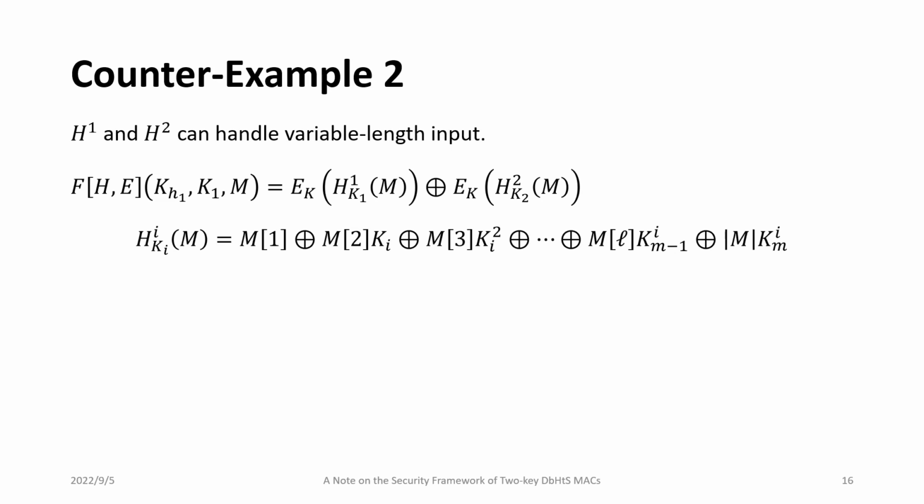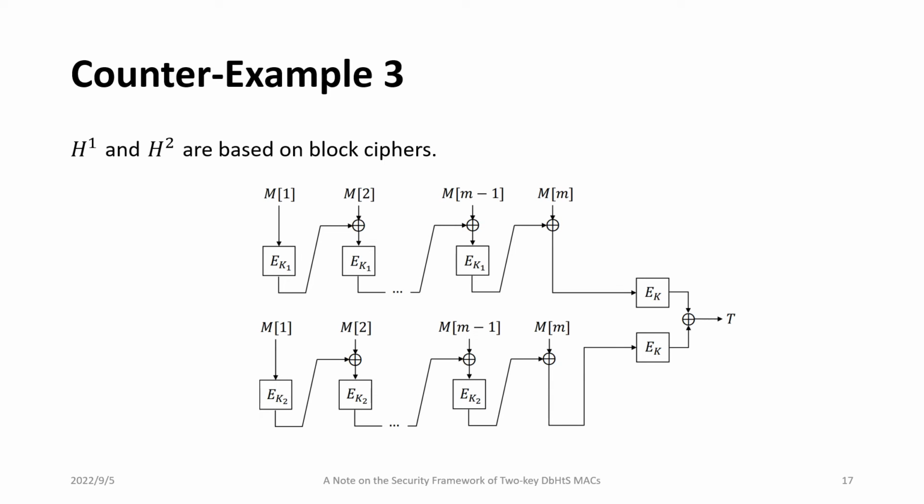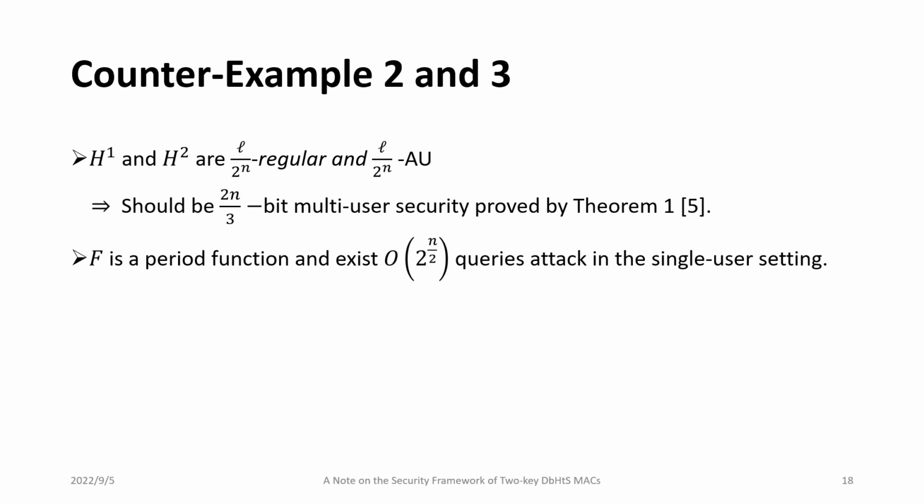Compared with the first counterexample, our second counterexample can handle variable length input. Its hash functions are keyed polynomial functions. And the third counterexample is based on block ciphers. Its hash functions are true CBC-MAC without the last block cipher call. Assume the block size is n bits.